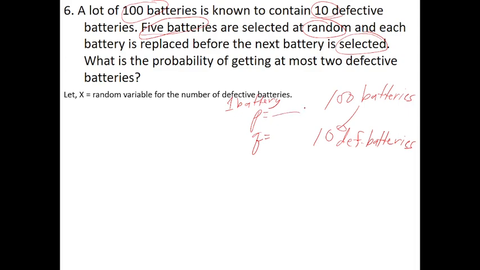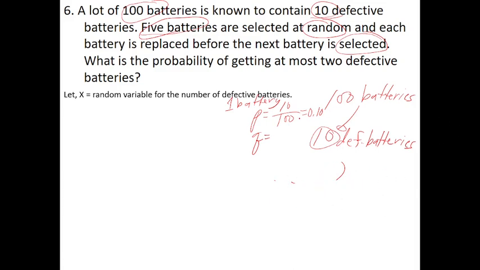So, ilan lahat ng battery na defective dun sa 100? 10. Ilan lahat ng battery? 100. So, applying classical probability rule, di ba? So, 10 over 100, 0.10. Ito yung classical probability rule, n over N. Ito yung sa sample space. Ito yung para sa event, number of defective batteries. So, kaya ito ay 10 over 100. Okay?